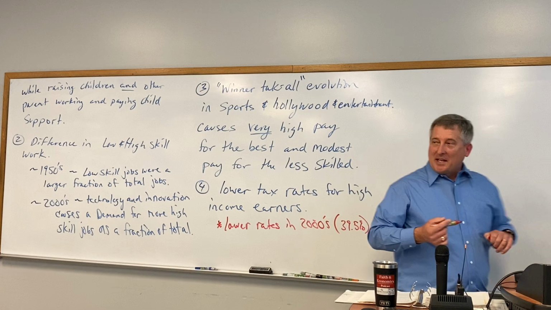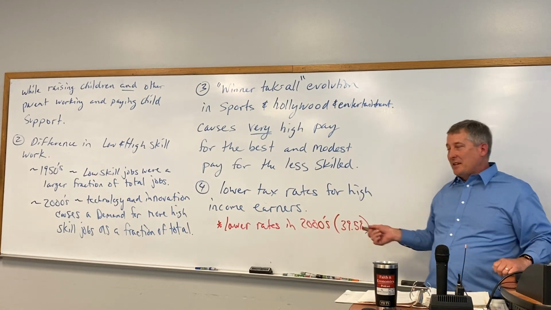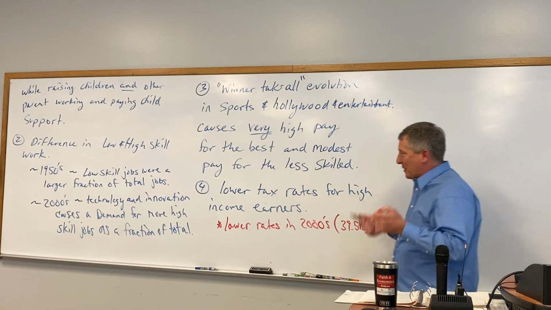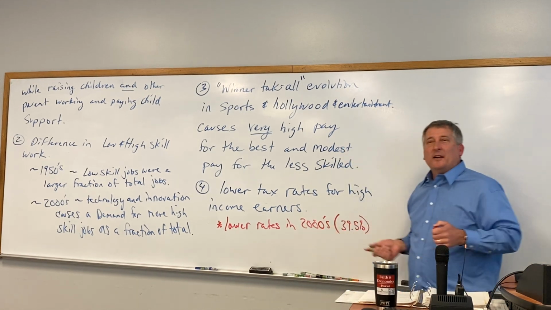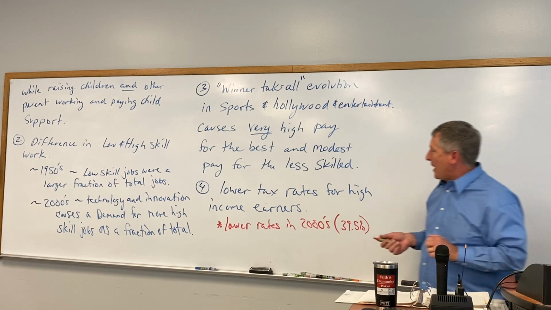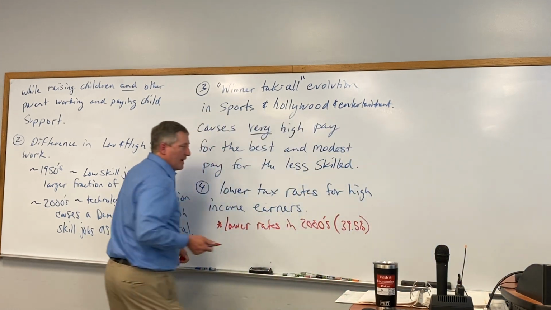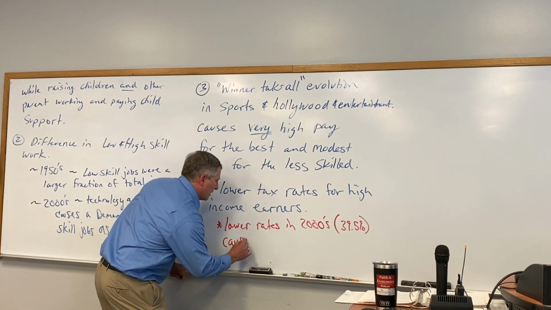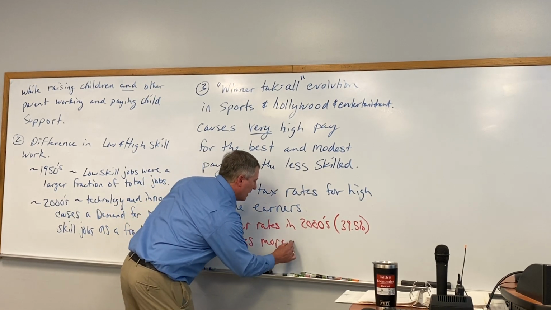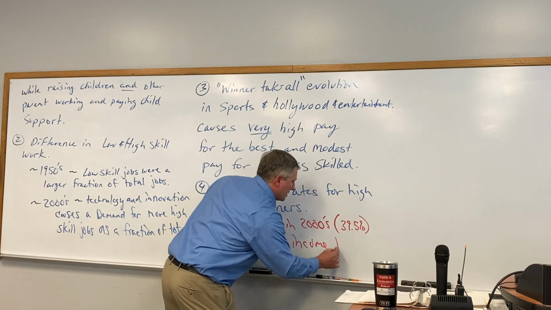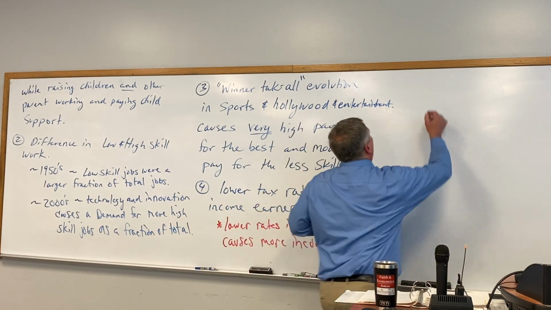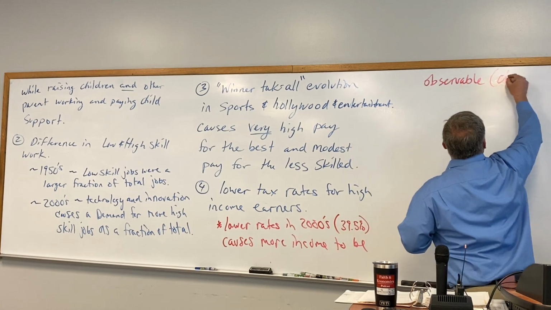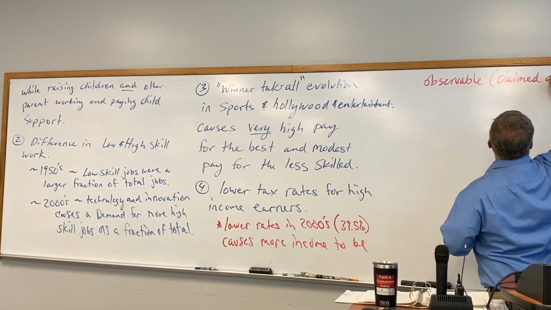Taylor Swift is paying close to that for sure, and probably any professional athletes are rubbing up against that bracket. But lower rates in the 2000s cause more income to be observable, claimed as income.